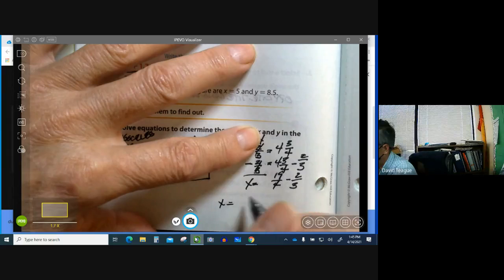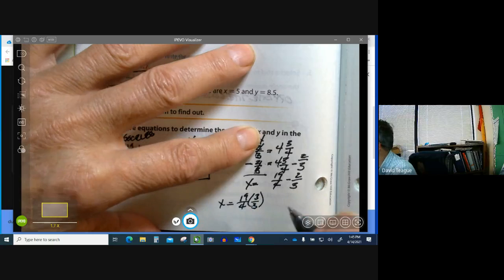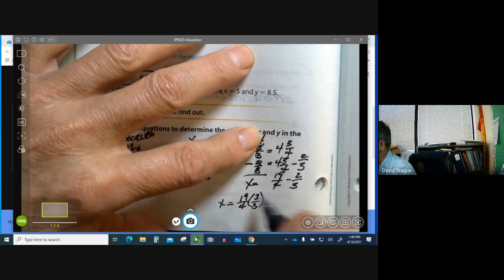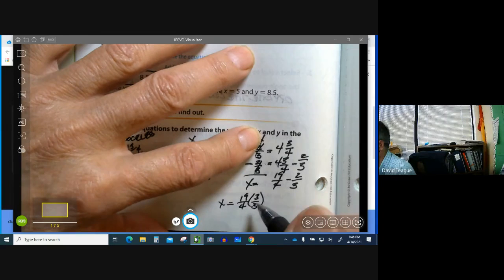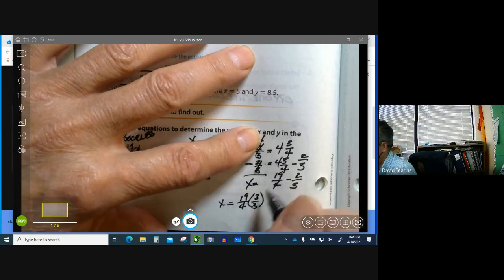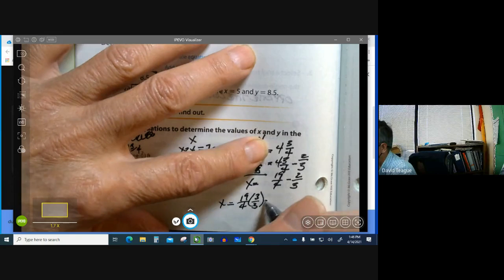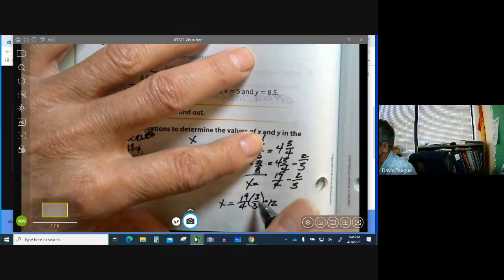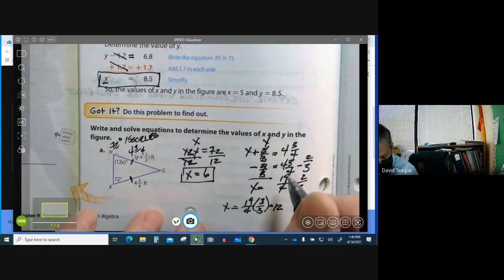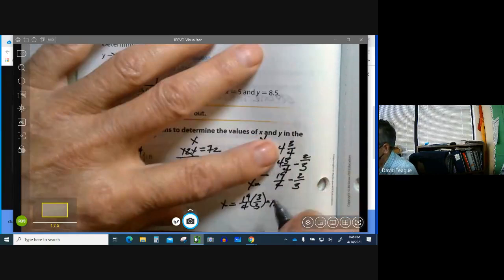So let me rewrite this. x is going to equal 19/4, and I'm going to multiply it by 3/3 because that's 1. I'm not changing the value of this; it's still an equivalent fraction. 4 times 3 gives me 12, and 19 times 3 gives me 57.